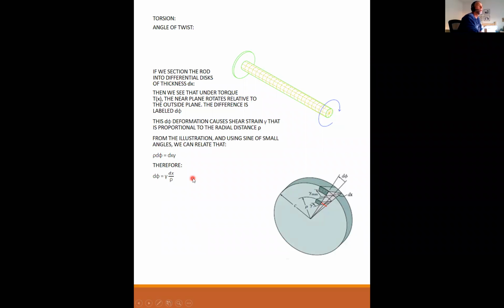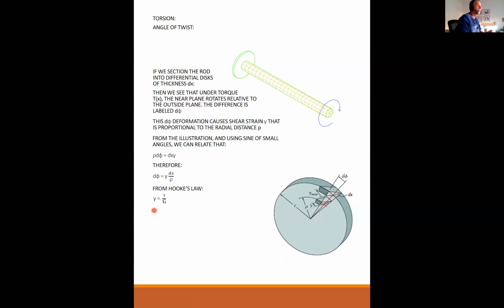Here, all I've done is rearrange my variables and solve for d phi. d phi is equal to gamma times dx over rho. And then from Hooke's law, I can add this material. Gamma is equal to tau over G. This is exactly the same expression of Hooke's law as epsilon, the average normal strain, equal to sigma stress over Young's modulus E, only this is in shear.